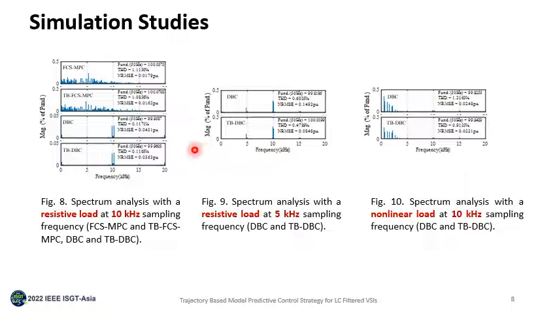Moreover, the superiority becomes more evident when the sampling frequency is reduced to 5 kHz, where the THD reduces by 20% and the NRMSE reduces by around 40%. Also, TBMPC provides better performance when a nonlinear three-phase load is connected.